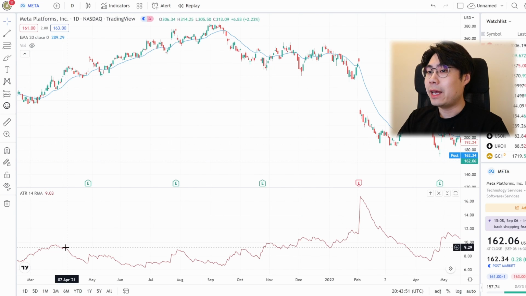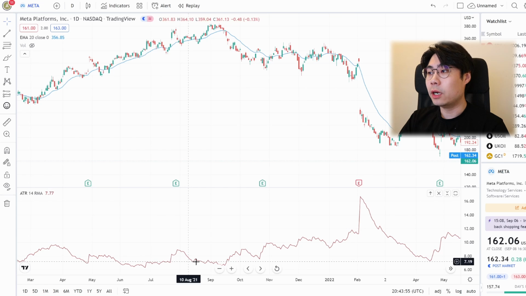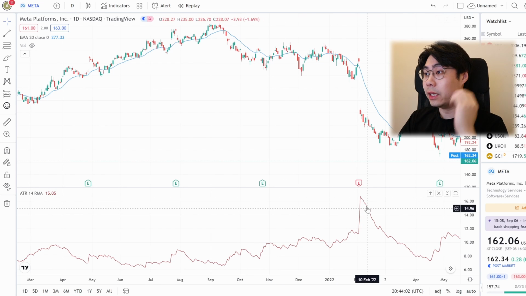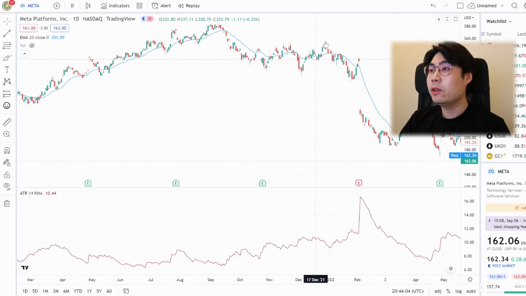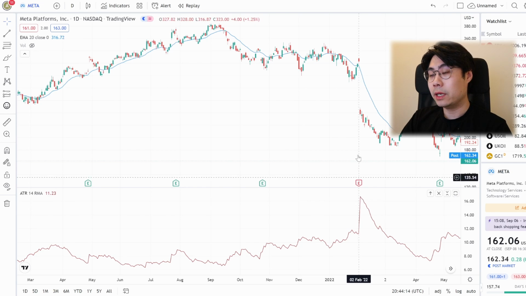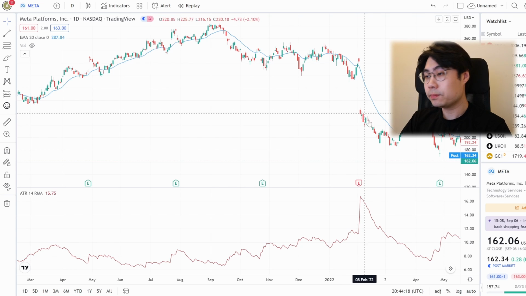So when we're looking at the ATR for Meta, we can see that relatively it hovers around $6 back in last year, 2021. And then when it came to this year, it increased to $16. Even though the price wasn't going up, right, it was going down, but the ATR increased. Again, the ATR is in absolute dollar value, so it doesn't care whether the price is going up or going down. It just looks at how much the price has changed on average.